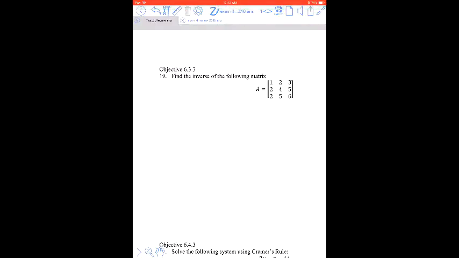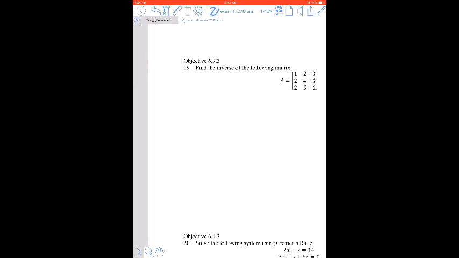This is question 19 from section 6.3, finding the inverse of a 3x3 matrix. Sometimes not a quick process, so you just got to go real slow, be very careful. First step is to copy this matrix.